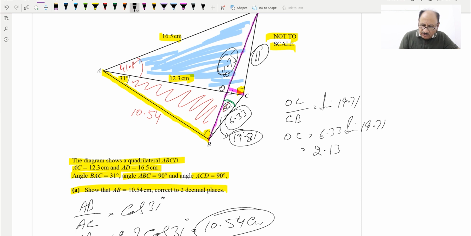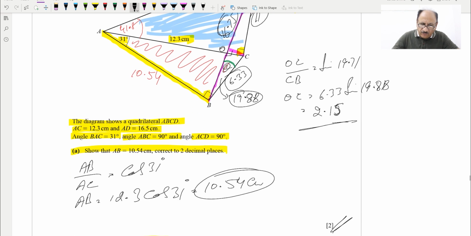Basically, if we take the angle accurately, it is 19.88, not 19.7 or 19.8. So if we take 19.88 here, we will get 2.15. You need to check your angle too; it should be accurate, rounded, so in that case the answer will be 2.15.